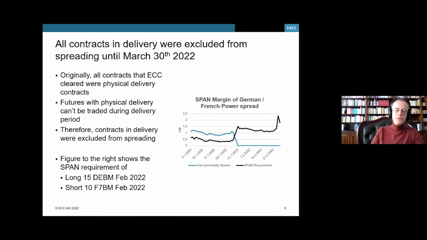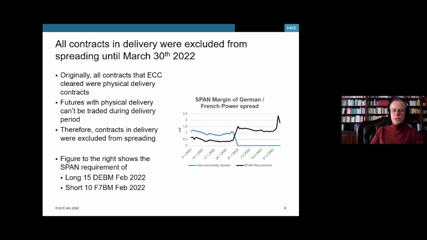Nobody complained about that because, well, the positions in delivery were not that high typically, but that changed beginning the end of last year, because with these significant increases in prices and as a consequence in the margining, the margins get pretty high, pretty expensive, and put a high liquidity burden on your side. And so therefore we had to take some action here.